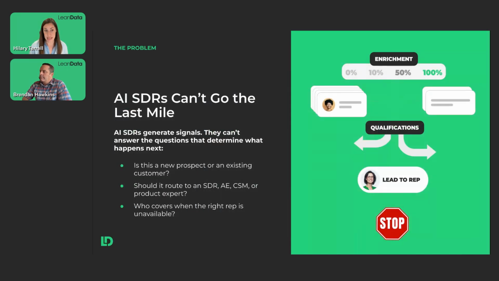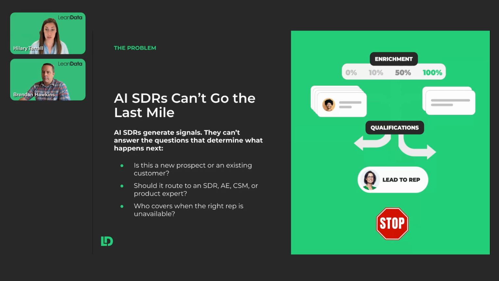What we are seeing is that typically AI SDRs can't go the last mile. They're generating a lot of signals. They're helping to do maybe qualification on your website or answer questions, but they don't always have the information to determine what should happen next. So depending on who that person is, can the AI SDR understand, is this a net new prospect or is this an existing customer that I need to get to the representative for that account?